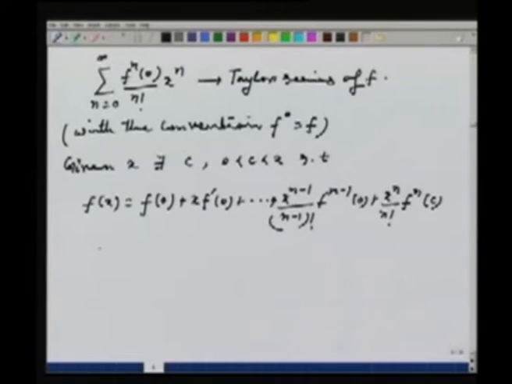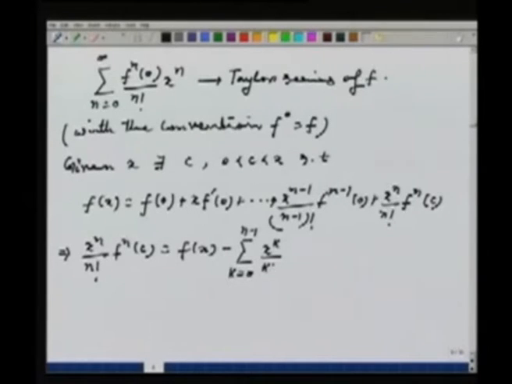Now writing in a different fashion, this implies that x to the power n by factorial n into f^(n)(c) equals f(x) minus summation k equals 0 to n minus 1 of x to the power k by factorial k into f^(k)(0).